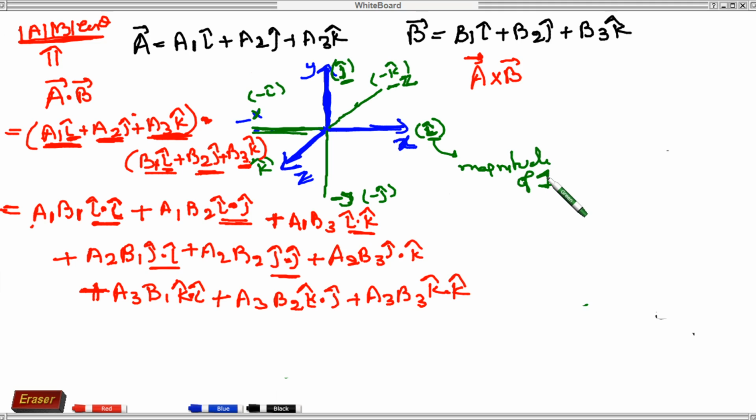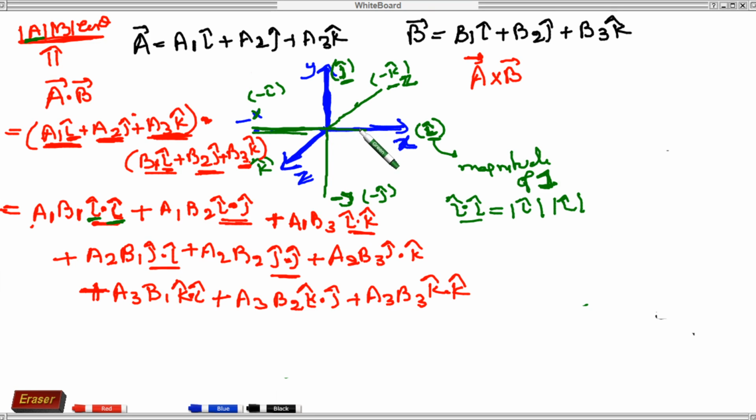So here this is i, here it is i. So what will i dot i become? The formula is modulus of i, modulus of i, and cos of the angle between i and i.